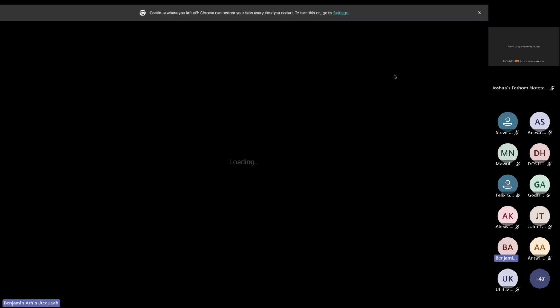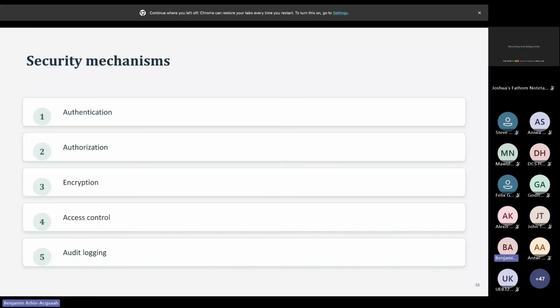So as Alexis said, authorization is about access controls and privileges that the user that has logged in has. So remember, you have an application that a lot of users have created their accounts. And now one user is logging in. How do you ensure that the user logging in only sees things that belong to them?